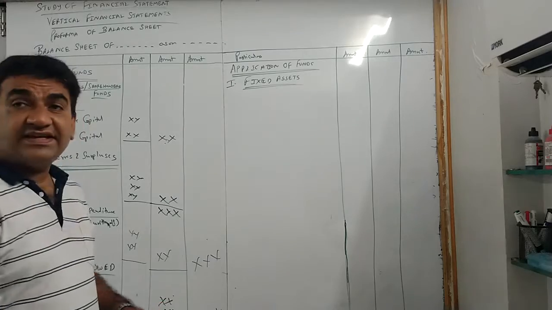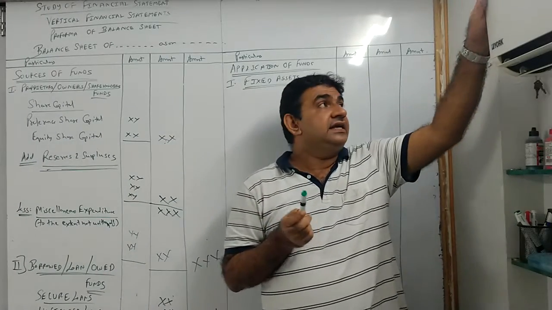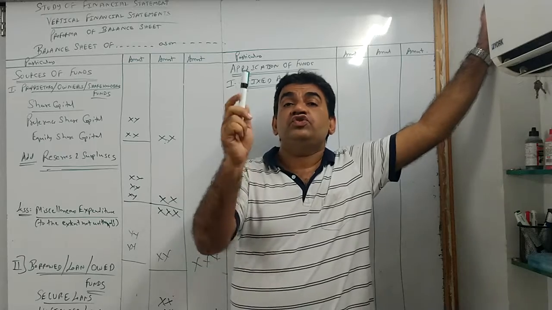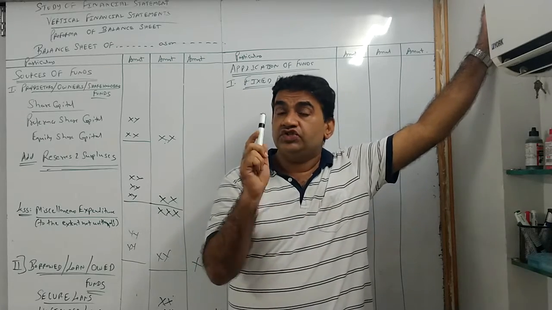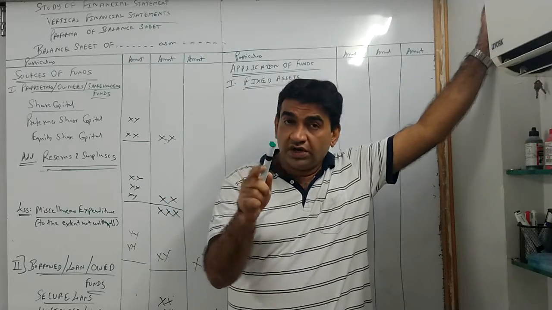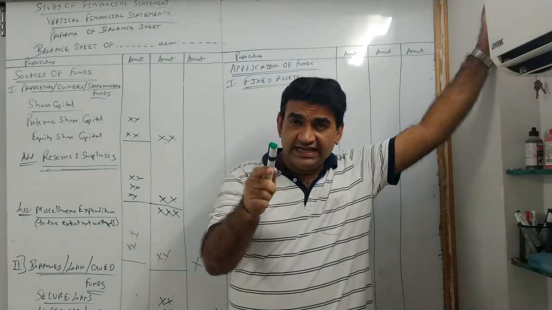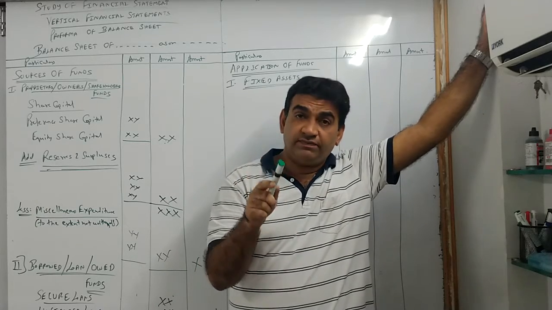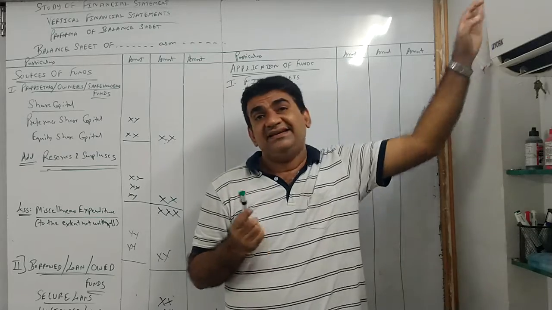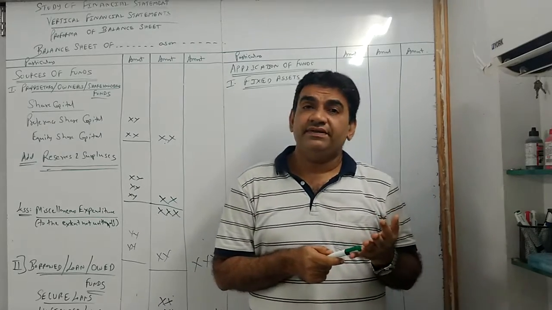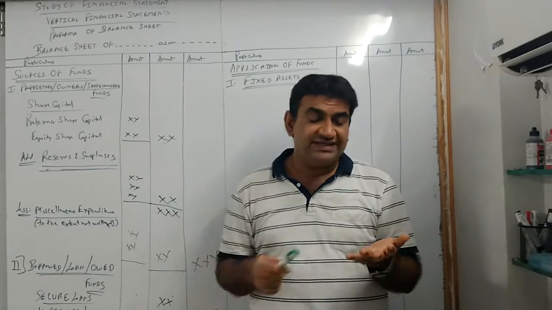Now when I say fixed assets, you all know that you have done it since SYBC. Any asset which is used for a longer purpose, longer duration, is called a fixed asset. Example, it's in two parts, tangible and intangible. You don't need a classification here.